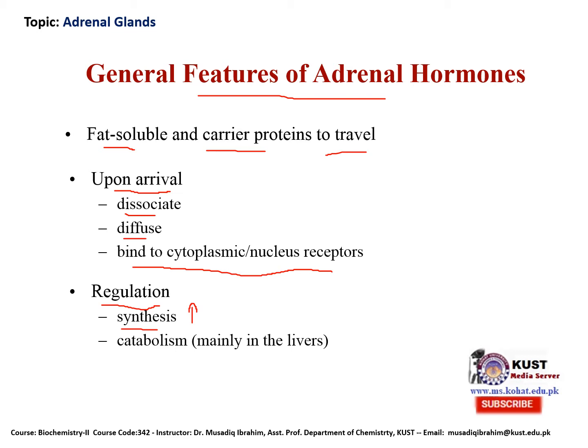And if the adrenal hormones are in high quantity, then catabolism is the mechanism of regulation by which they are degraded, and as a result the concentration of the adrenal hormones is decreased. The catabolism of the adrenal hormones takes place mainly in the liver.